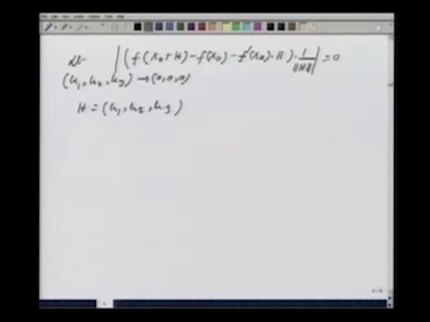And the directional derivative is exactly as in the previous case. I can define d u f at x naught, y naught, z naught.